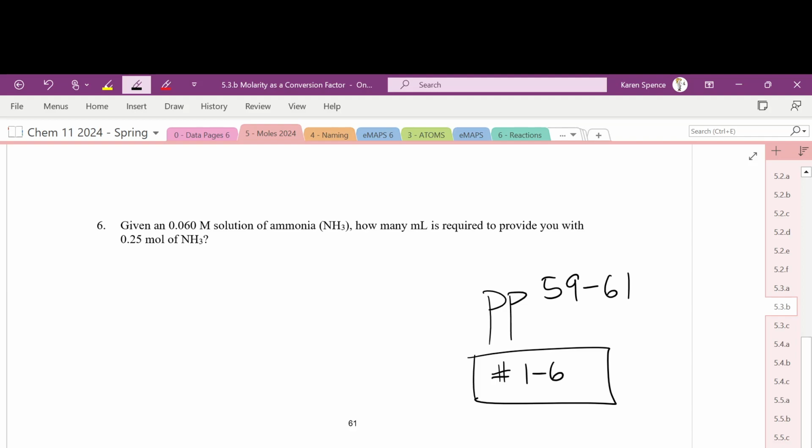And if you finish that and you would like to get ahead on the homework that will be assigned after tomorrow's quiz, I will write that up here also.